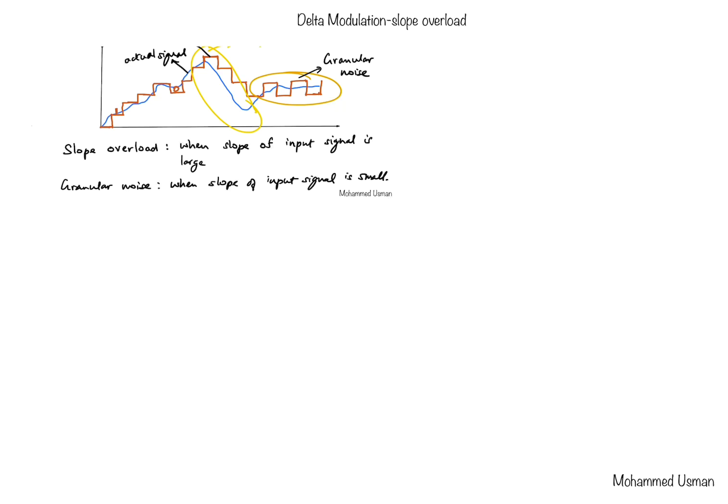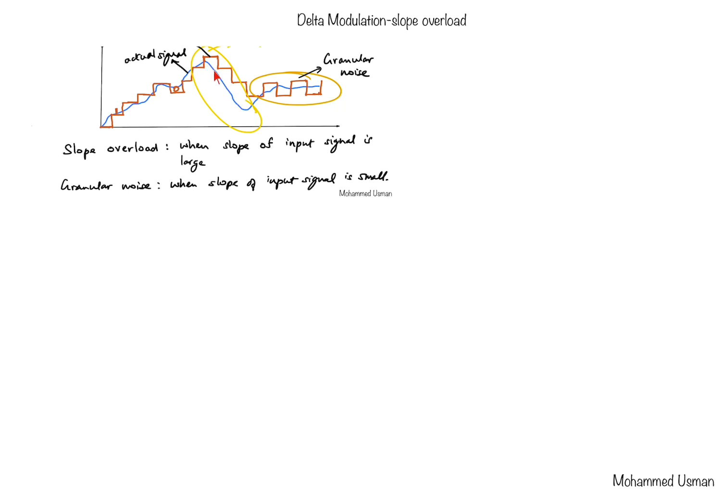We also discussed the two possible distortions that can occur in delta modulation. One is the slope overload distortion, which occurs when the slope of the signal is large, that means when the signal is changing rapidly. In such a case, the output of the delta modulator is not able to follow the signal very closely.